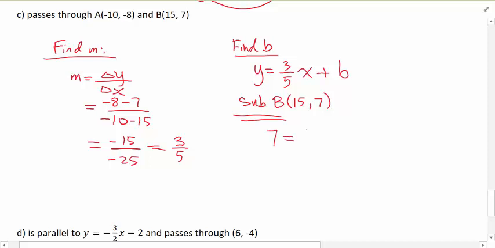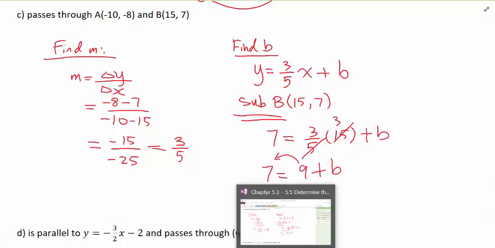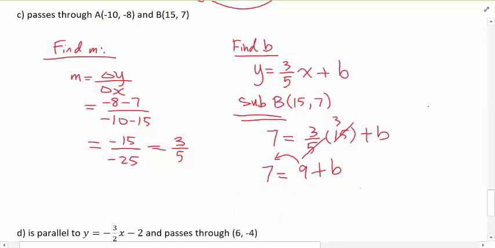You get 7 is equal to 3 over 5 times what? 15 plus b. 15 divided by 5 is 3. 3 times 3 is 9. So 7 equals 9 plus b. Take the 9 to the other side, it becomes a negative.